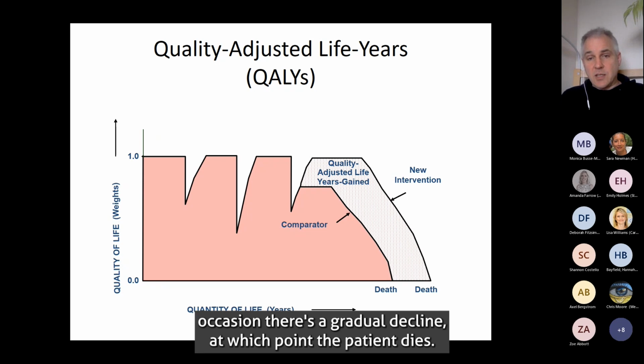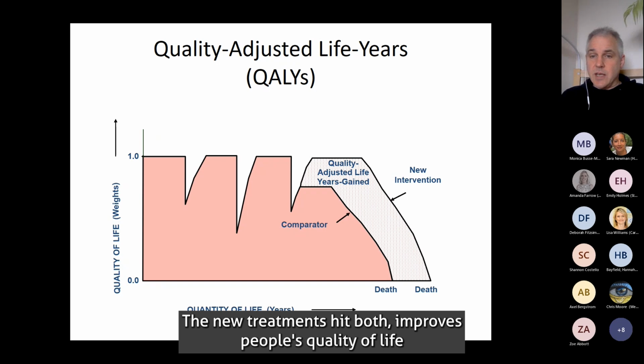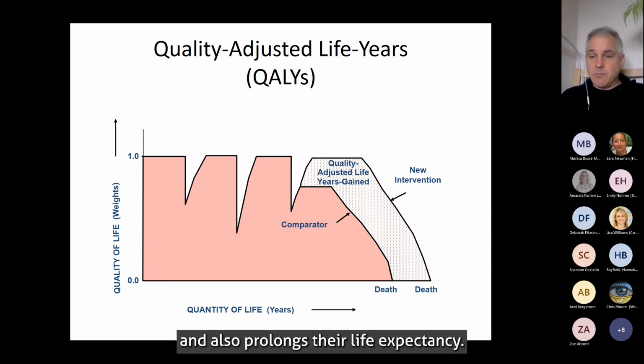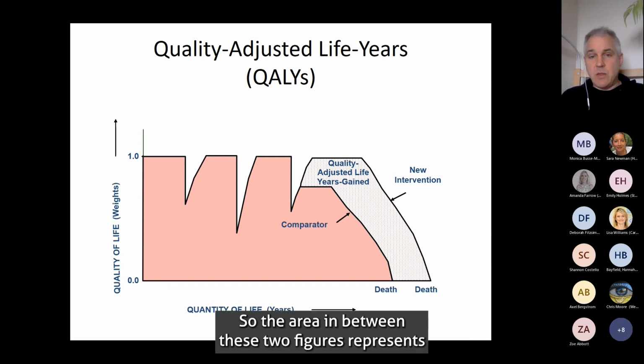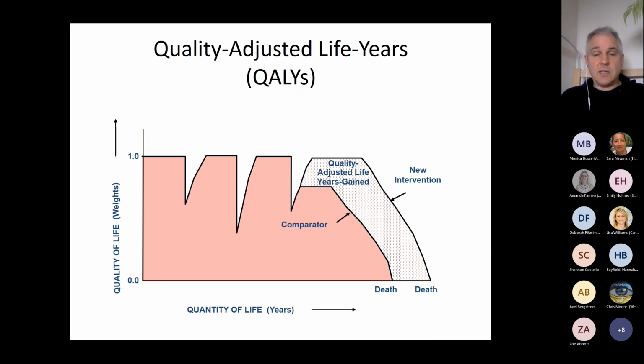But on the third occasion, there's a gradual decline, at which point the patient dies. So that would be a health profile of somebody with existing treatment. The new treatment here both improves people's quality of life and also prolongs their life expectancy. And so the area in between these two figures represents the quality adjusted life years gained, QALY gained.